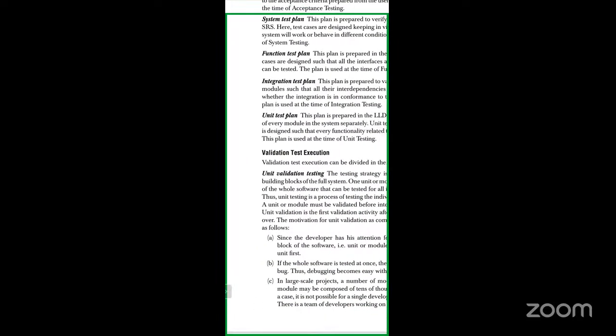Then validation test execution. How to validate the test execution? Unit validation testing is done, that is sub modules are tested and validated. Then integration testing, functional testing, system testing, and acceptance testing are each done and validated.